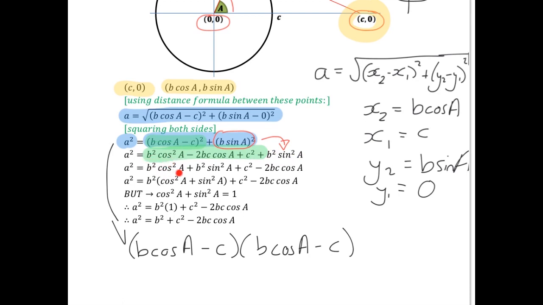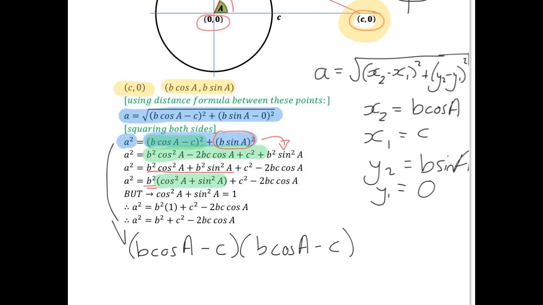If we just group those two terms together for a moment, leave the plus c squared and the minus 2bc cos A at the end, then what we can do between these terms is take out a common factor of b squared, leaving cos squared A plus sine squared A in a bracket here.